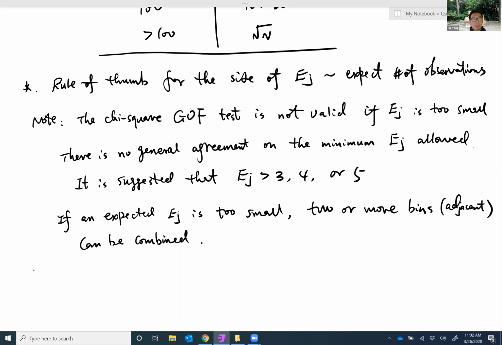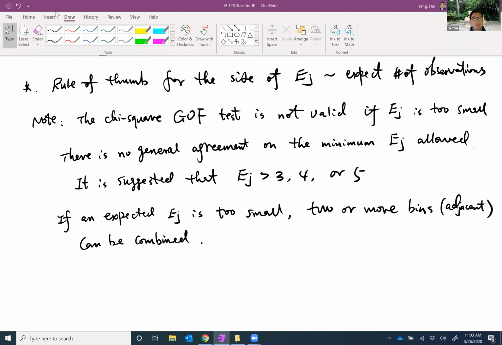Now, let me put a cursor here. Now let me insert the exercise here.